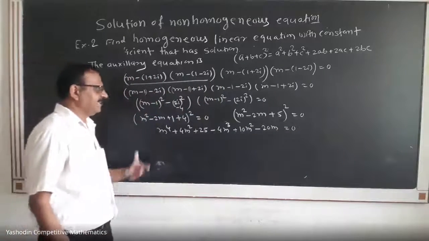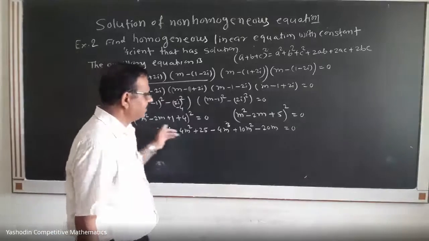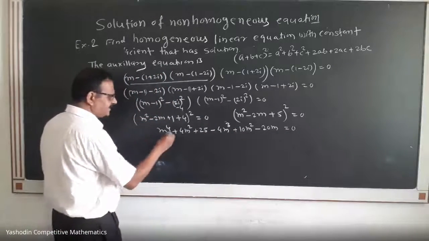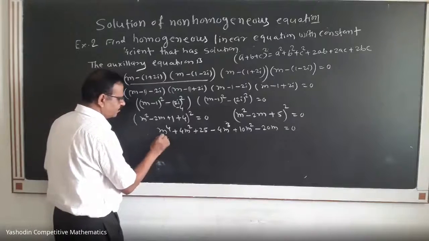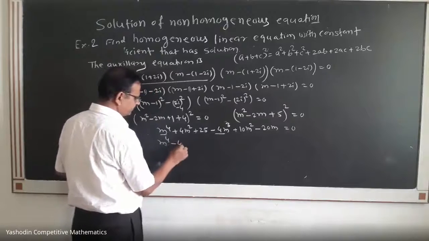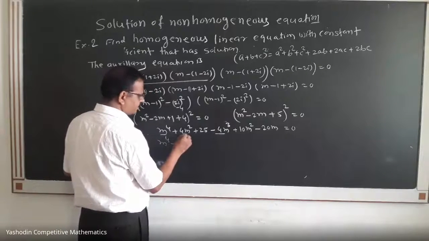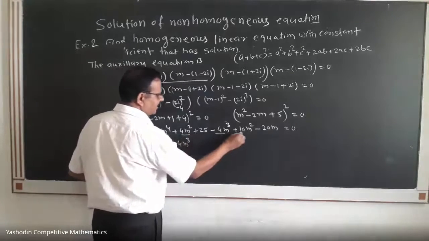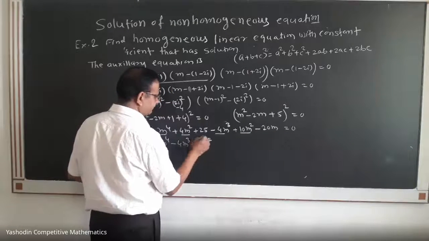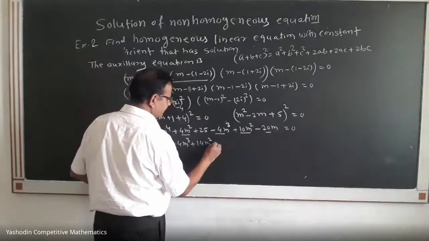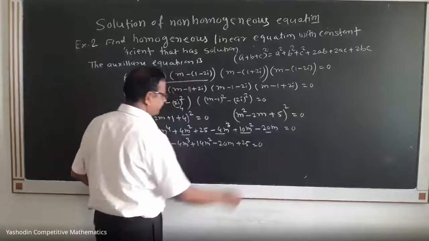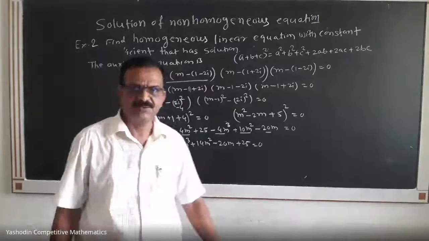If I collect the like terms and write the sequence in decreasing order of the indices, I shall write this equation as m raised to 4 minus 4m cube plus 14m square minus 20m plus 25 equal to 0. This is the auxiliary equation.